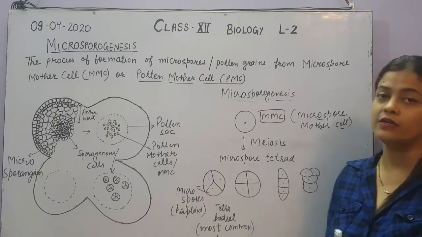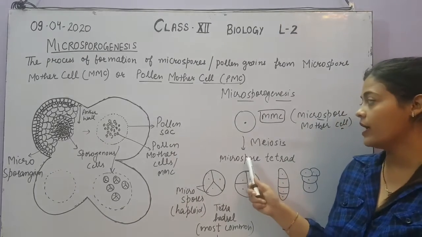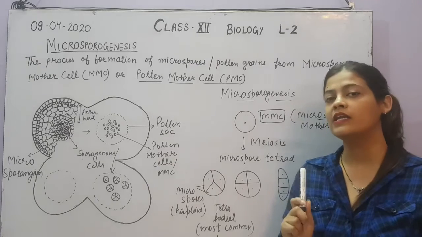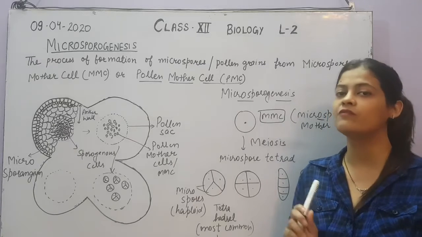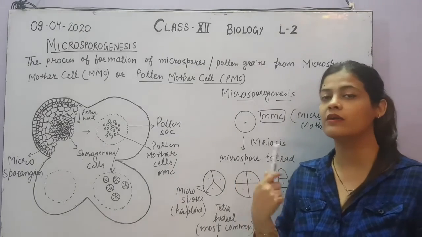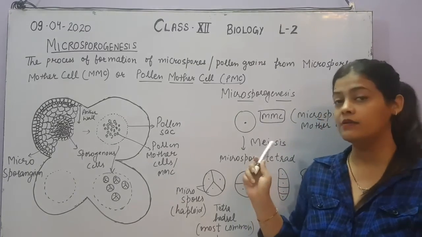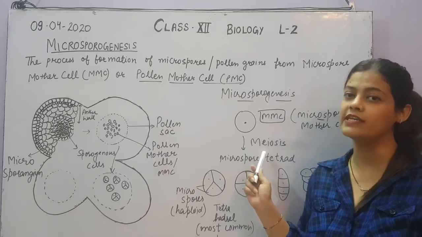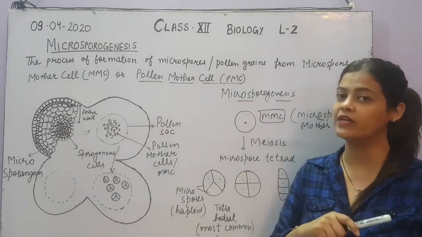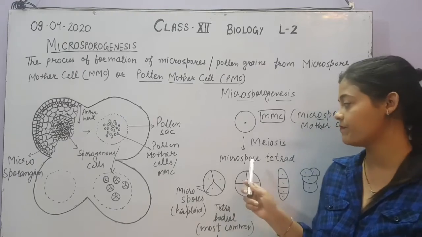So due to meiosis, it will form a set of 4 cells, because you know that in case of meiosis, one cell will form 4 cells. Let us remind ourselves that in meiosis, one cell forms 4 cells, which we did in class 11.